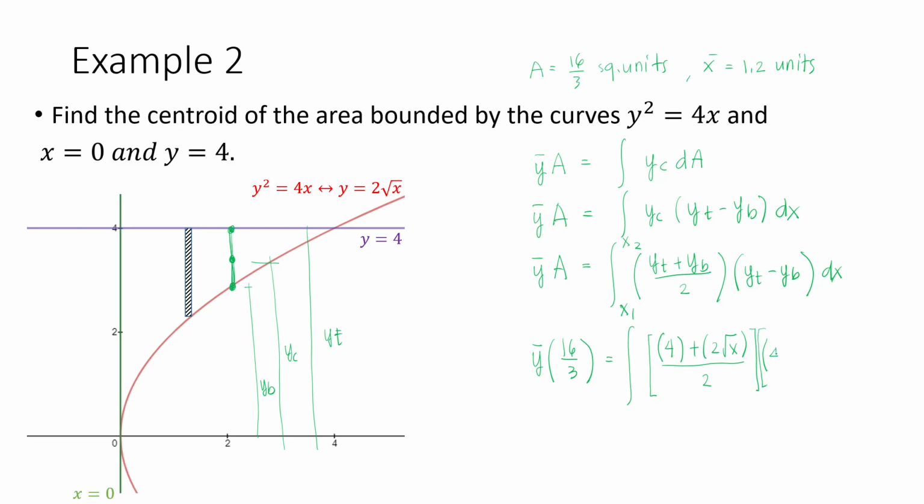So this is 4 minus 2 square root of x, dx, from 0 to 4. And then bar y is now equal to blank units. So try to plug this one in your calculator.